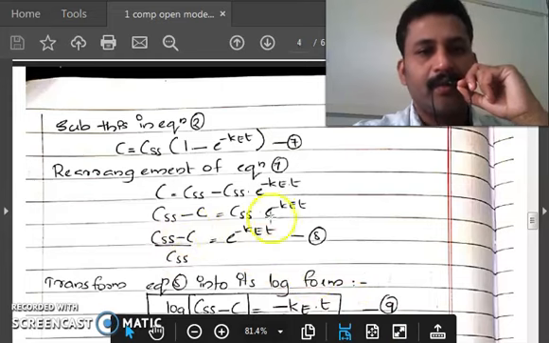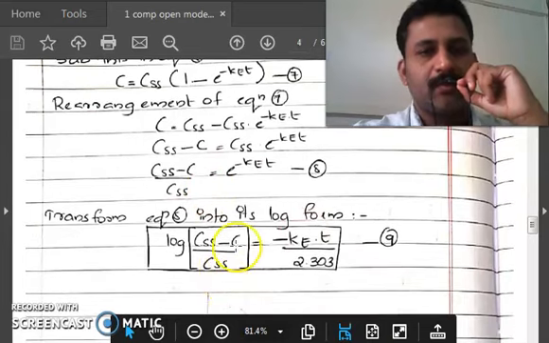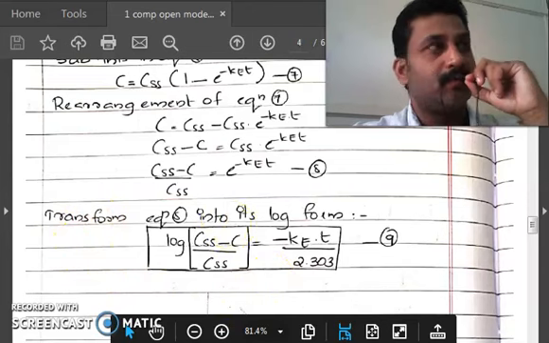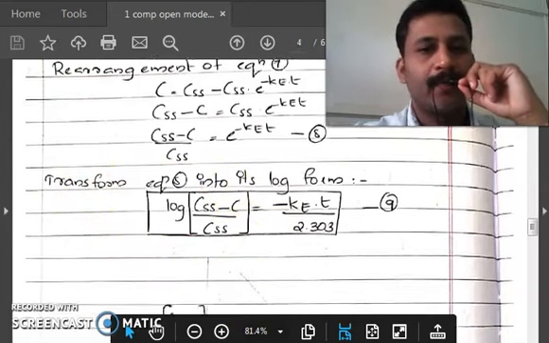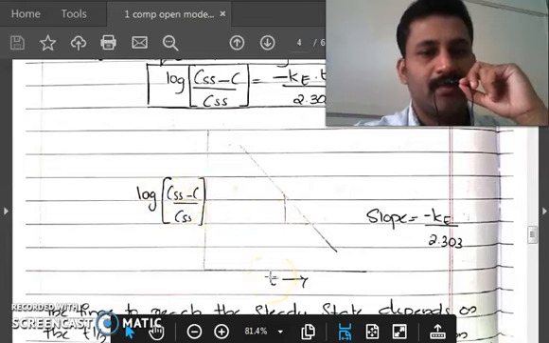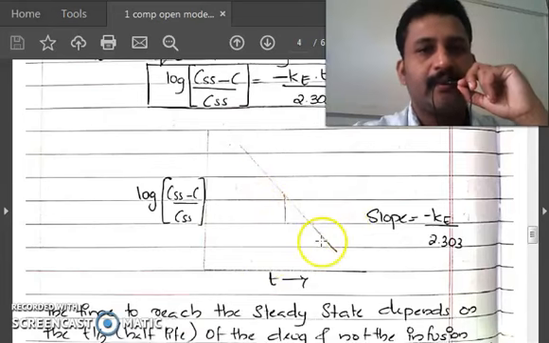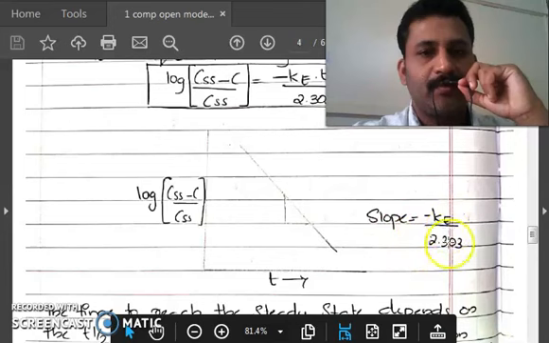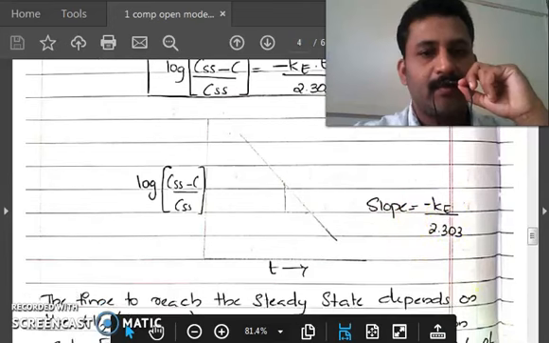Then you can convert this into its log form: log of CSS minus C divided by CSS is equal to minus Ke into T divided by 2.303. This is the log equation we got, a linear equation, so you can plot the graph: log of CSS minus C divided by CSS versus T. You will get a straight line. Take the slope of the straight line; the slope is equal to minus Ke divided by 2.303.